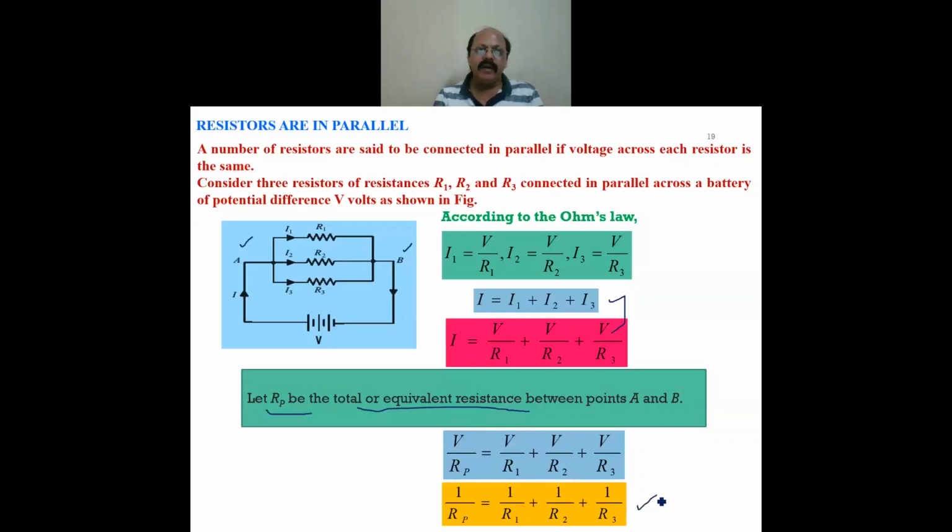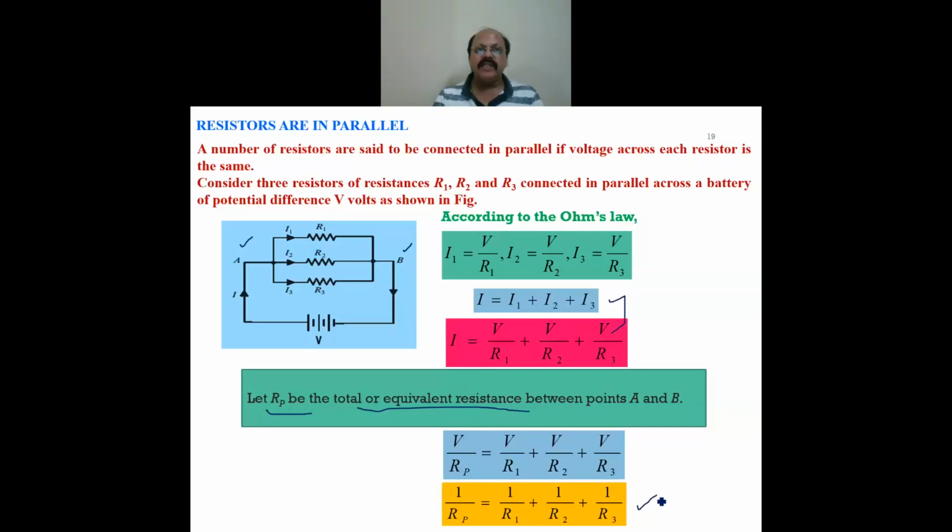Further you remember, in case of capacitors in parallel, it is Cp equal to C1 plus C2 plus C3. But here in case of resistors, it is just opposite. So don't get confused. You just remember the concept. In case of resistors in series, the current remains the same, and in case of capacitors in series, charge remains the same.